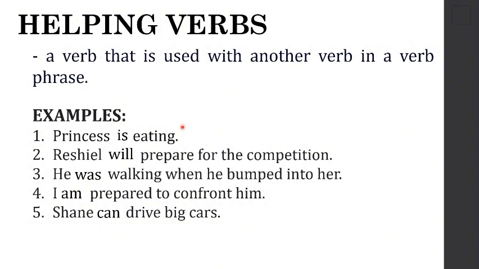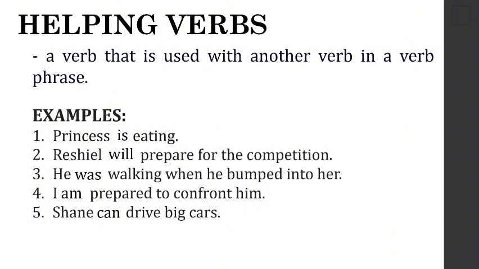So, for you to easily identify the helping verb in the sentence, bear in mind that main verbs are often the action verbs in the sentence. We are now going to follow the process that I've already introduced a while back.